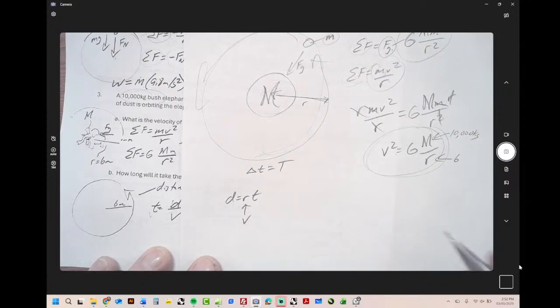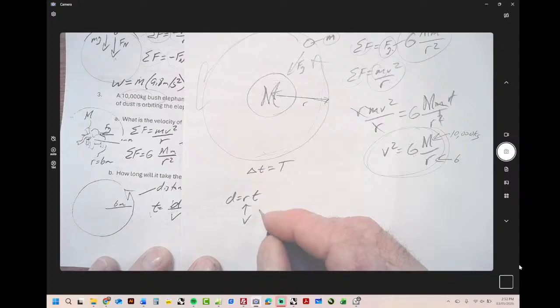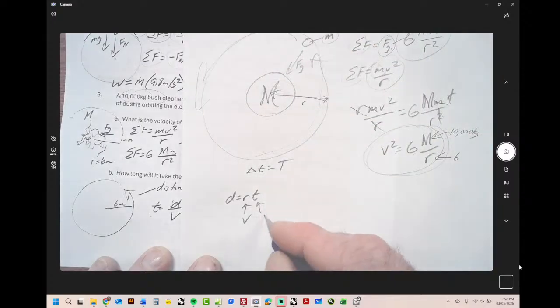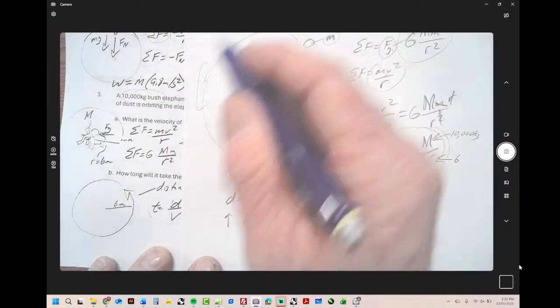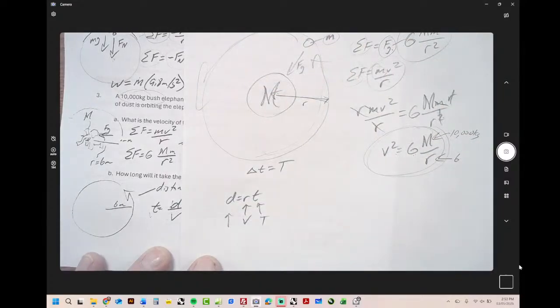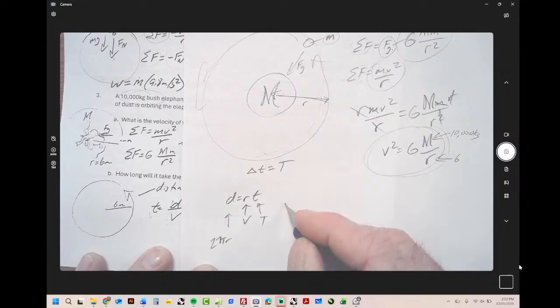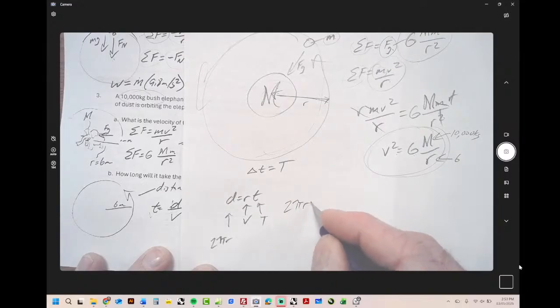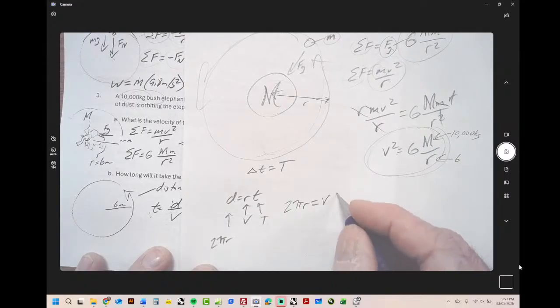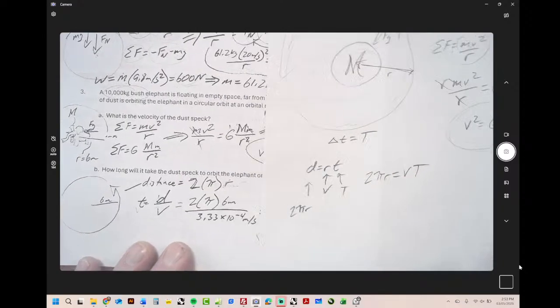Rate is velocity, and time in this case to orbit is big T, and the distance that something has to go in order to orbit once is the circumference, which is 2 pi r. So you can have another equation here, 2 pi r equals v times T.